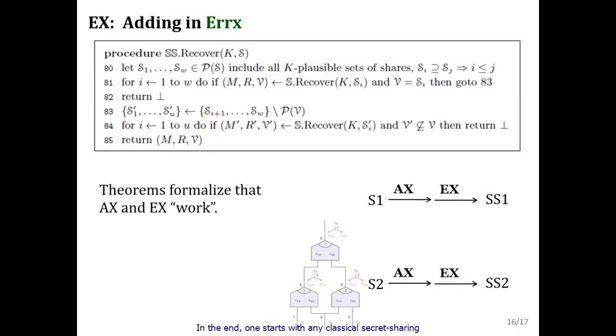In the end, one starts with any classical secret sharing scheme and puts around it this wrapper obtained by composing our two transformations, thereby obtaining a practical scheme that achieves far stronger security properties than the original scheme did. It is this twice transformed scheme that we suggest be implemented in libraries and user-facing tools.